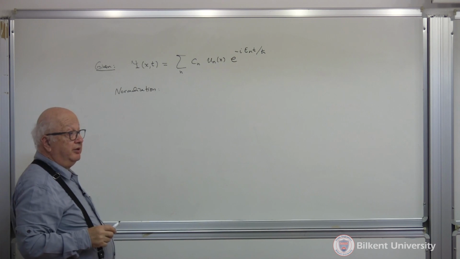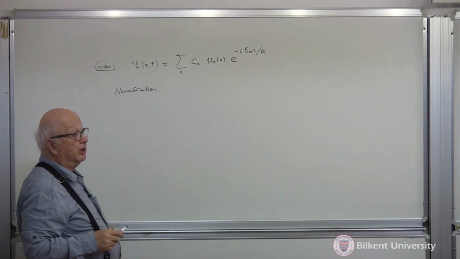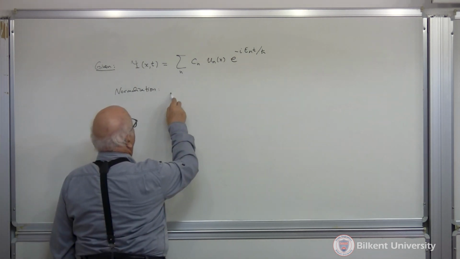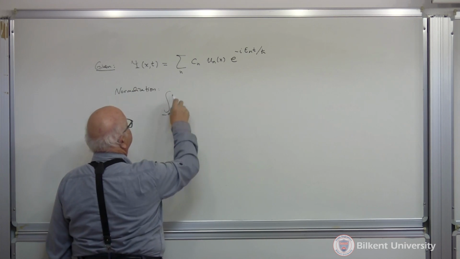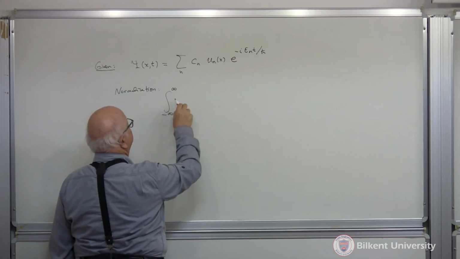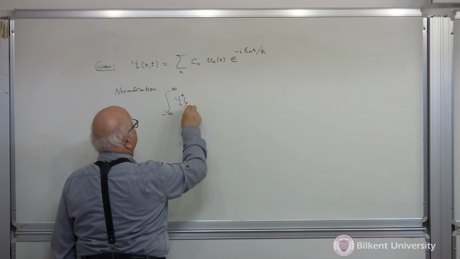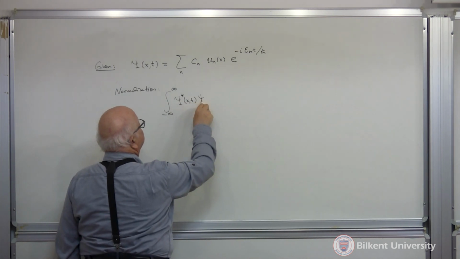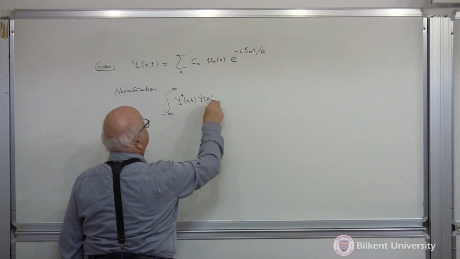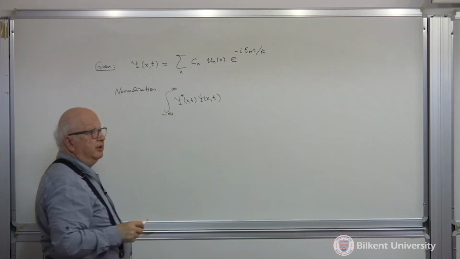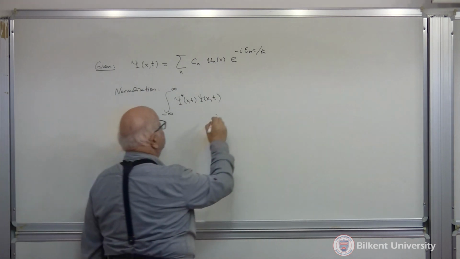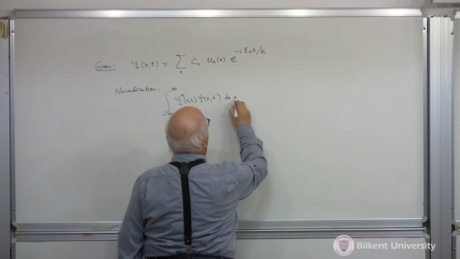So let's see how this is normalized. Normalization means I integrate from minus infinity to plus infinity ψ*(x,t) ψ(x,t) dx.